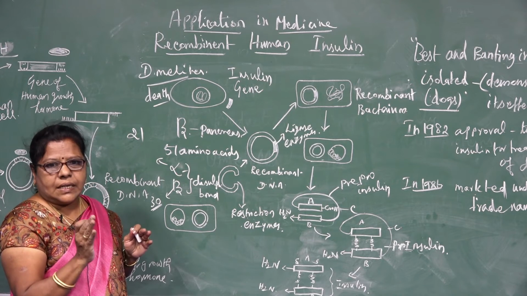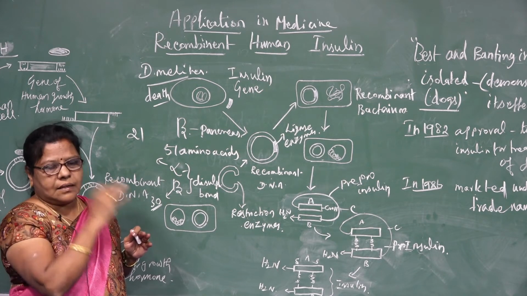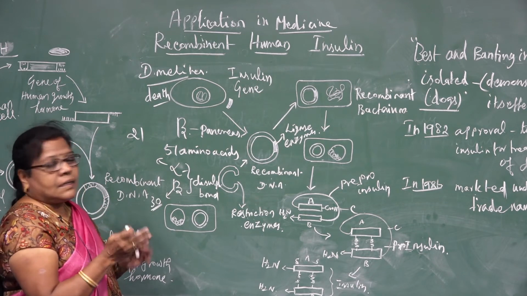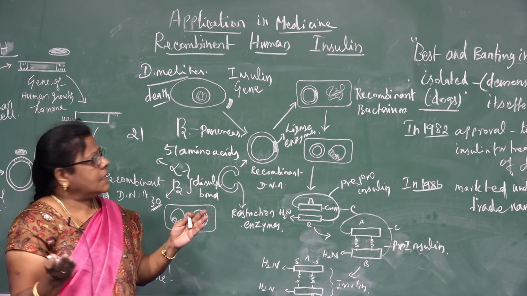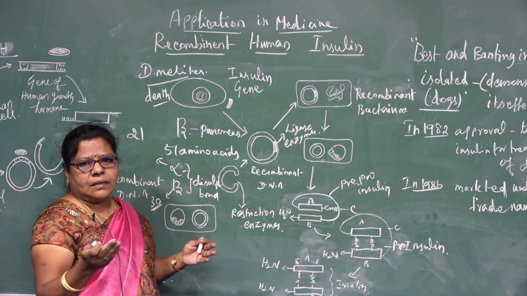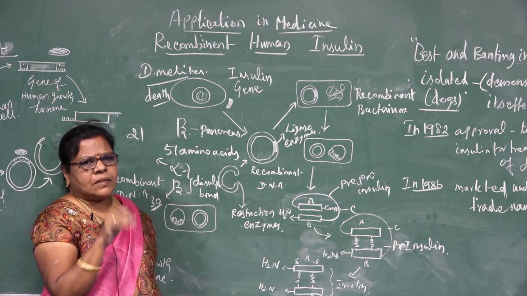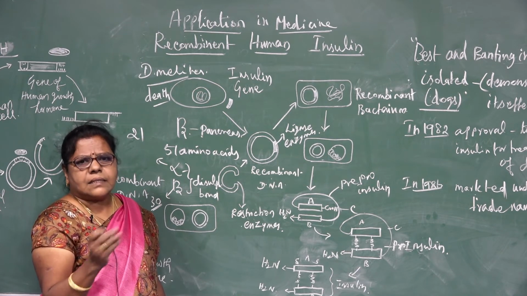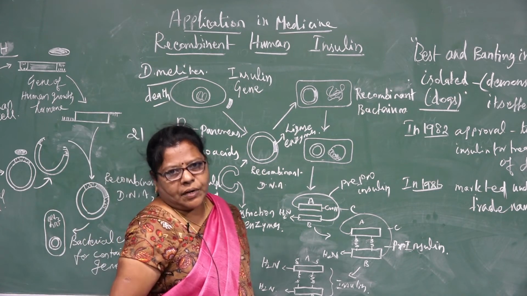This insulin was given to diabetic patients in the early years. But there are minor differences in the structure of human insulin and animal insulin. For this reason, it created some critical allergic reactions in the diabetic patient's body.